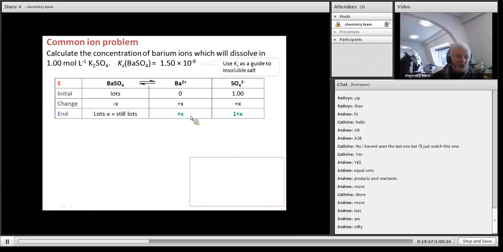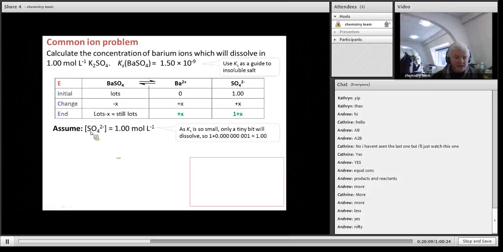Now, we want to keep calculations as simple as possible, and at level 3 you will get ones where you can do assumptions. So what I'm going to do is assume, and you must write this down, that my sulfate concentration is still going to be 1 mole per liter, because the K is so small. If I add X to 1, it's still going to be pretty much 1.